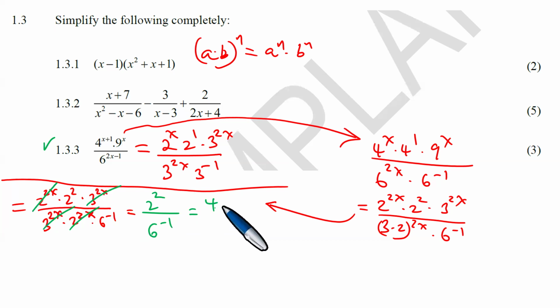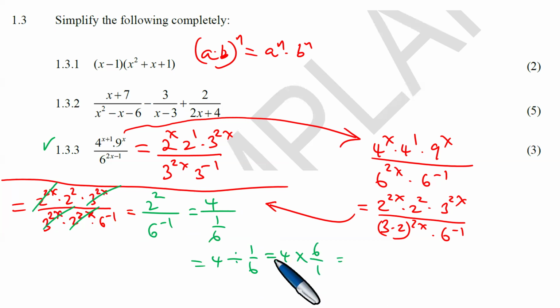So it's 4 divided by 1 over 6, which is 4 multiplied by 6 over 1. 4 times 6 is 24. And so the answer is 24. So any question, Paul?